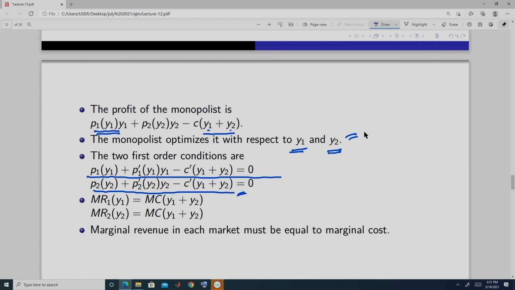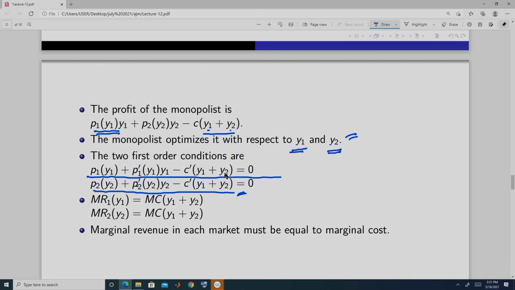And since the demand curve is downward sloping and it is not strictly convex, the second derivative is positive or equal to 0. So, we will always have an optimal point which maximizes profit with respect to Y1 and Y2.